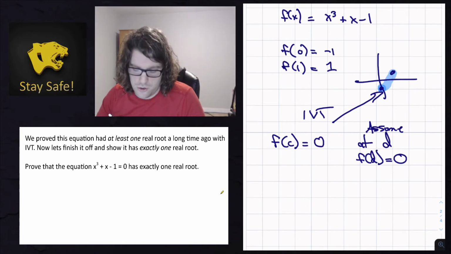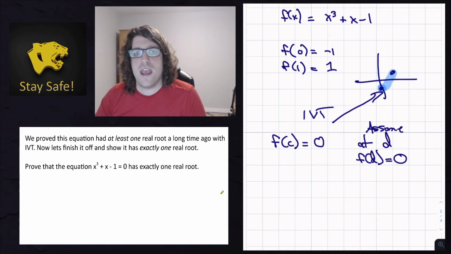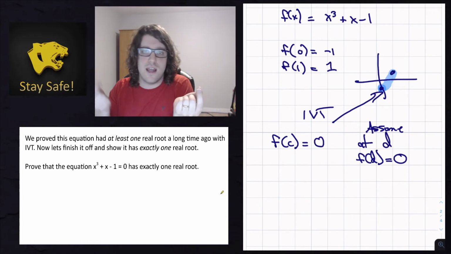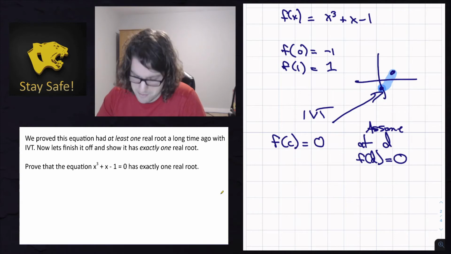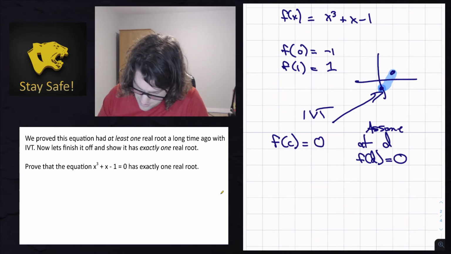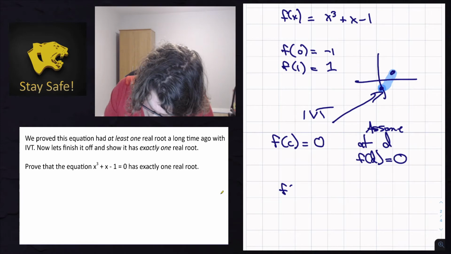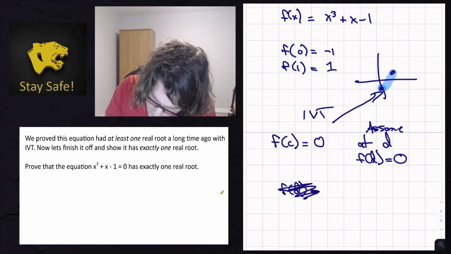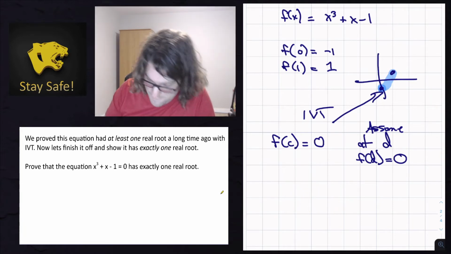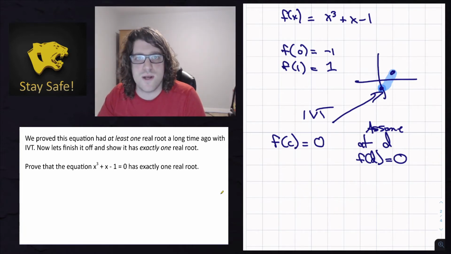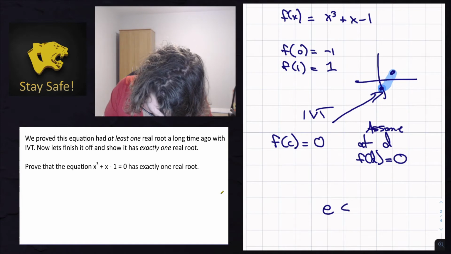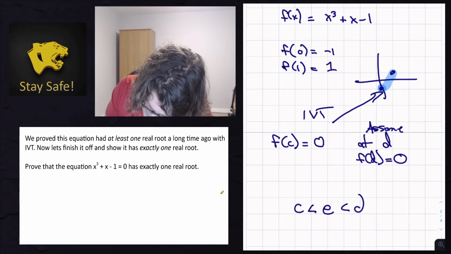So according to Rolle's theorem, we have 2 points that are at the same height, c and d, or f at c and f at d would give you that 0 value. So if we do have a d, then there must exist some e somewhere between c and d.